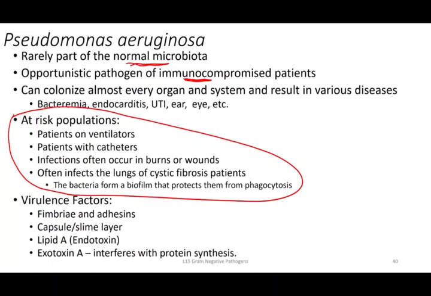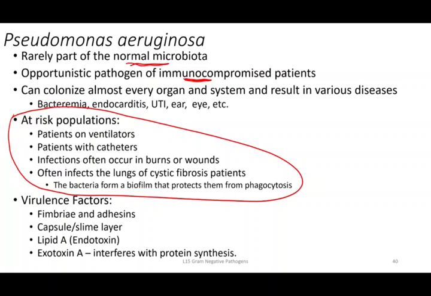So if you're on a ventilator, so you have that tube inserted, or you have a tube inserted as a catheter, or you have injuries to the skin, which is an important chemical and physical barrier, or you have just a different lung environment because you're a cystic fibrosis patient. Any of these are at increased risk of colonization of Pseudomonas aeruginosa.